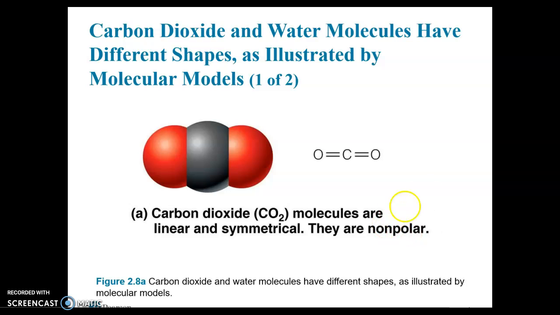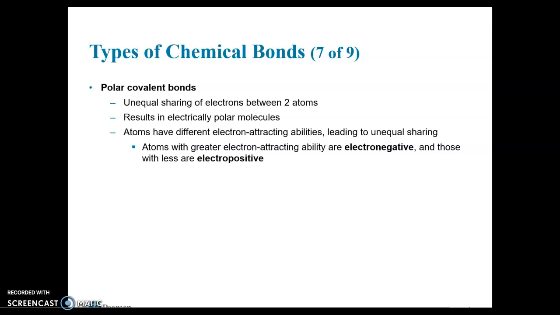There's not one end of the molecule that's positive and the other that's negative. So carbon dioxide is nonpolar. And then polar covalent bonds result from unequal sharing of electrons.